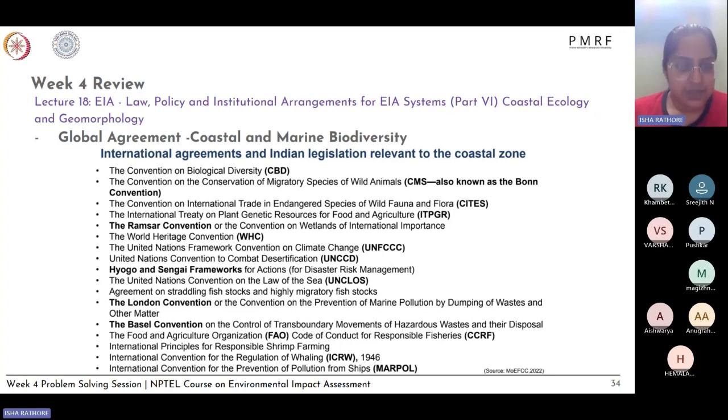the Hyogo and Sendai Frameworks for Actions for Disaster Risk Management, the United Nations Convention on the Law of the Sea, UNCLOS, the agreement on straddling fish stocks and highly migratory fish stocks, and several other conventions relating to coastal and marine biodiversity.